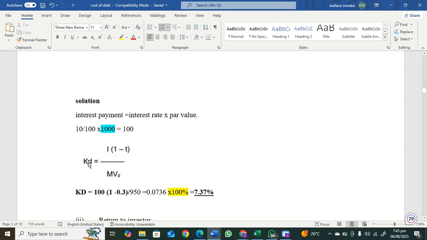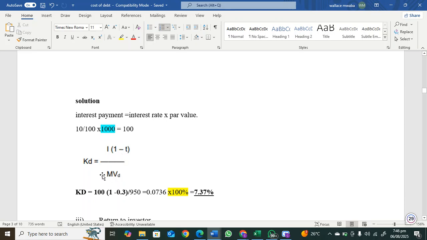This is the formula for the cost of irredeemable debt: Kd equals I times (1 minus T), divided by MV. I represents the interest payments. This 1 minus T implies that whenever a company takes on debt, it pays less tax, or saves on taxes.